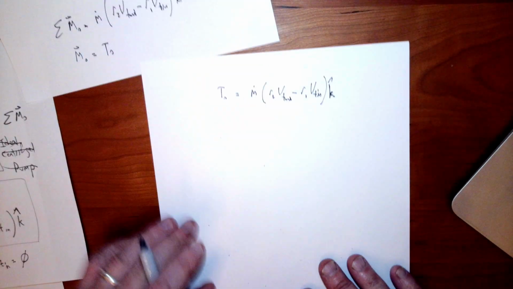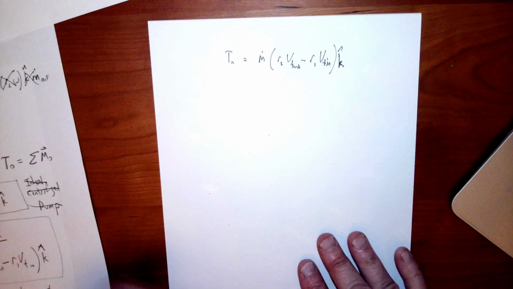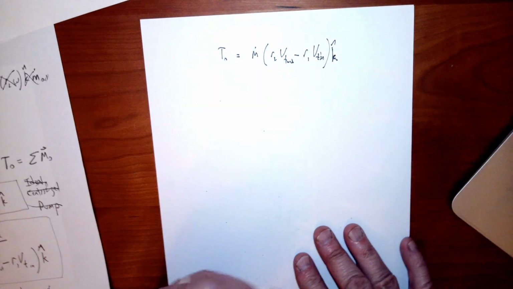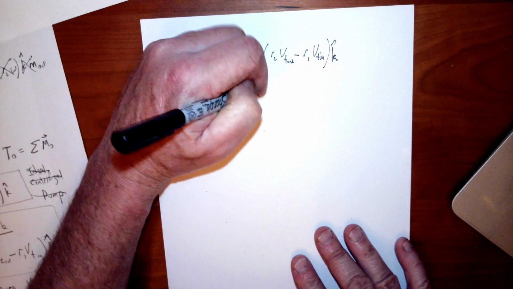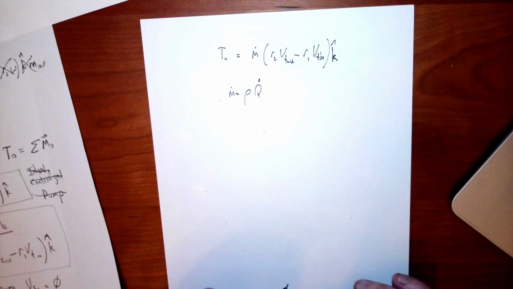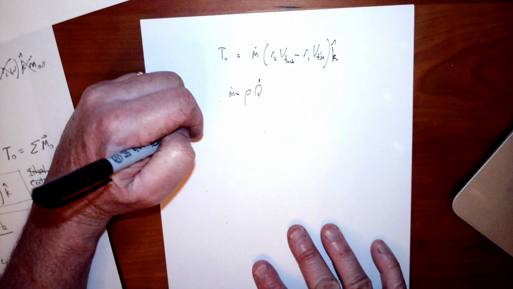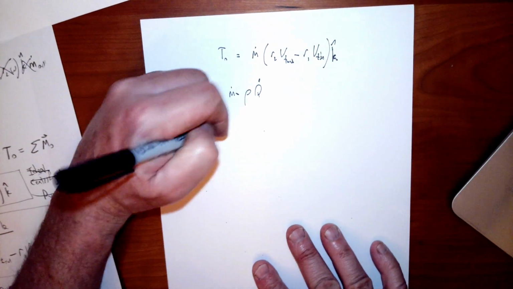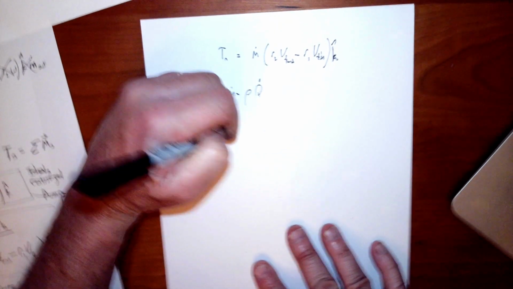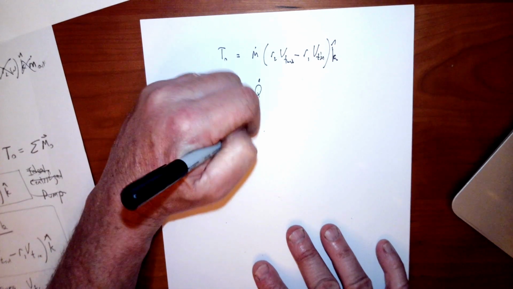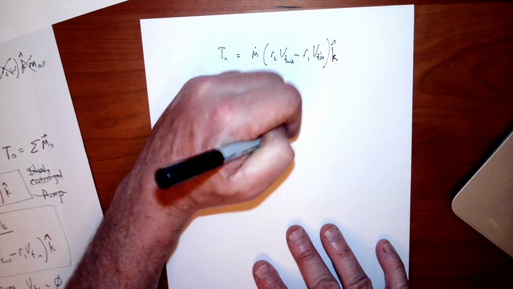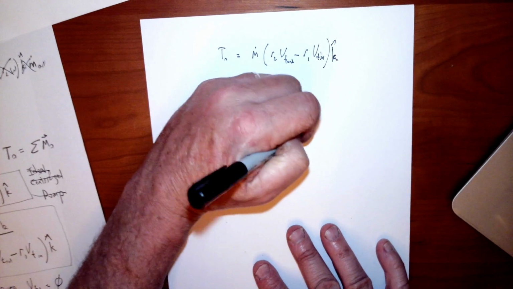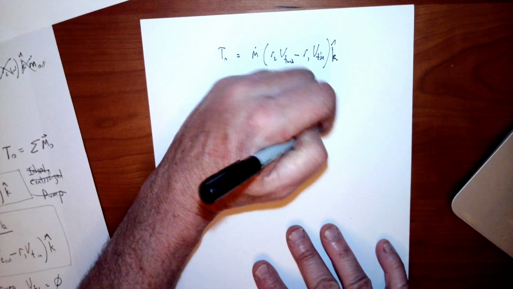And we can rewrite M dot. We know that M dot is equal to rho times Q dot, so that's usually how you see that. So the torque is now equal to rho Q dot, volumetric flow rate, times R2 VT out minus R1 VT in, all times that K hat.